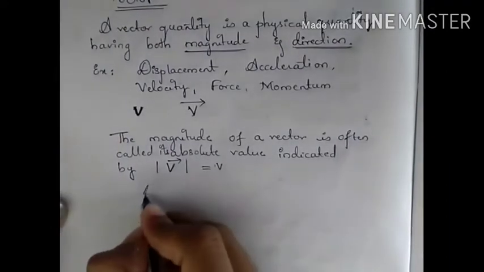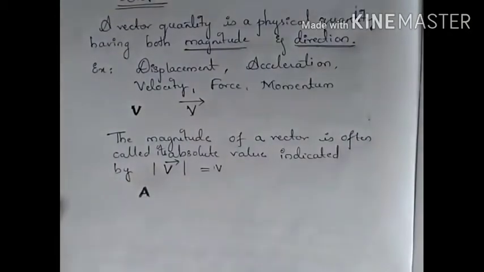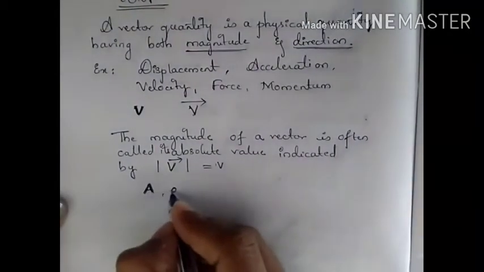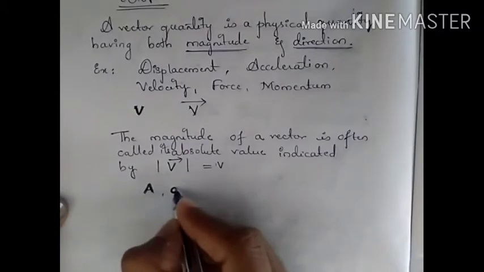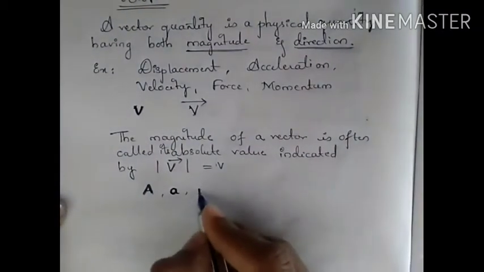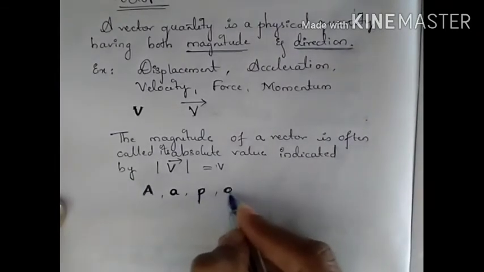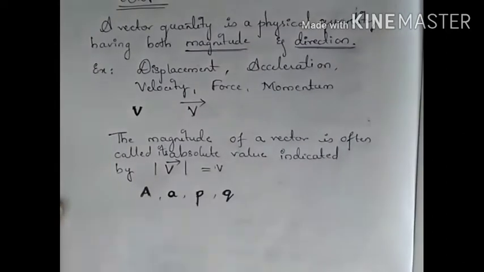Vectors can also be denoted by other alphabets, say for example A. If you write it in a bold way, then this denotes a vector. If you write a small a in a bold manner, then this again represents a vector. So P, Q, all these represent vectors.